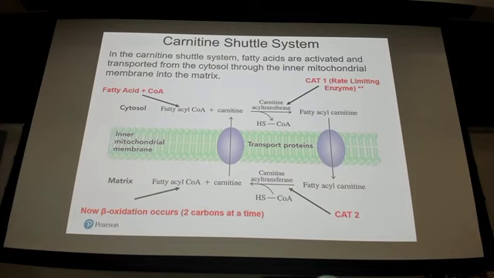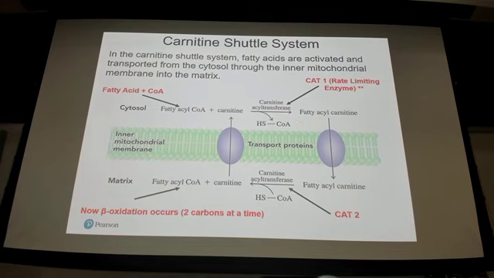So that carnitine group allows it to be transported. This carnitine group that's added allows this fatty acyl to be transported into the carnitine shuttle. It's kind of like an escort, I guess you could say. Without the escort, it's not going to be able to cross into the mitochondria.